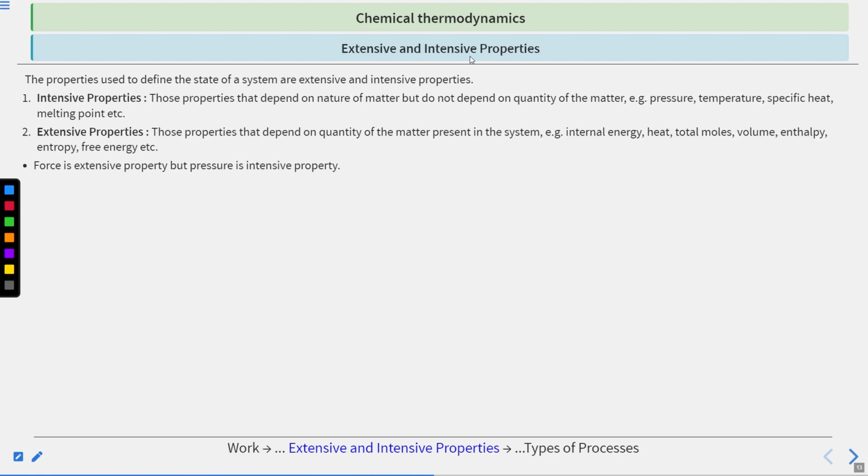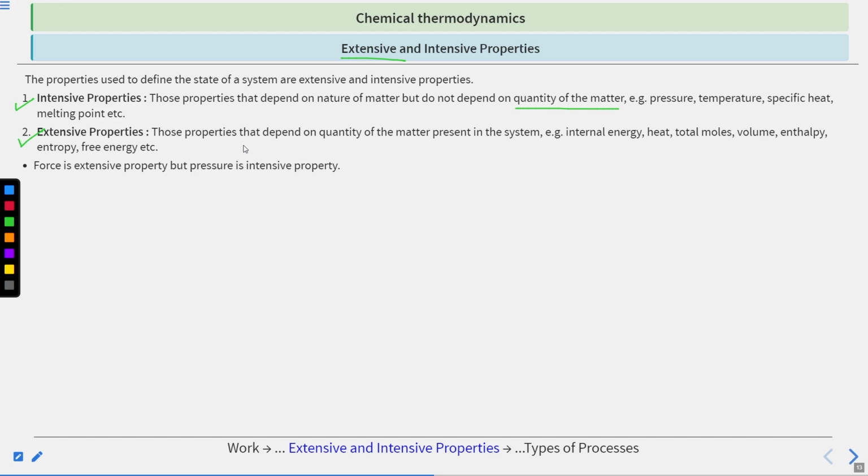So extensive and intensive properties. The properties used to define the state of a system are extensive and intensive properties. Intensive properties are those that depend on the nature of matter but do not depend on the quantity of matter, for example pressure, temperature, specific heat, melting point, etc. Second are extensive properties.